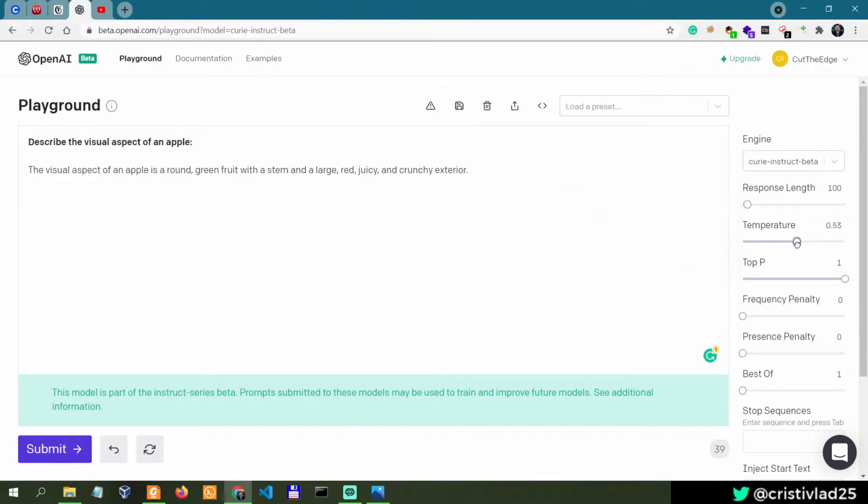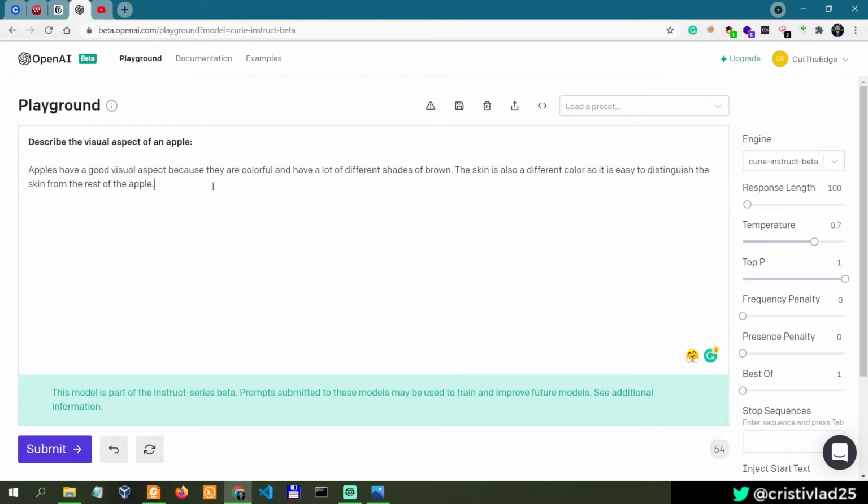If we do the temperature higher, let's do 0.7, we do not manipulate other parameters here, and we repeat this. Apples have a good visual aspect because they are colorful. Now notice the grammar aspect of it. I have Grammarly here, and it doesn't throw any red flags.